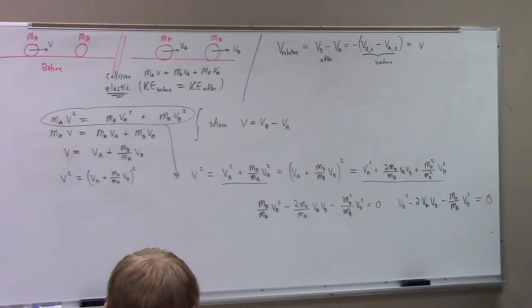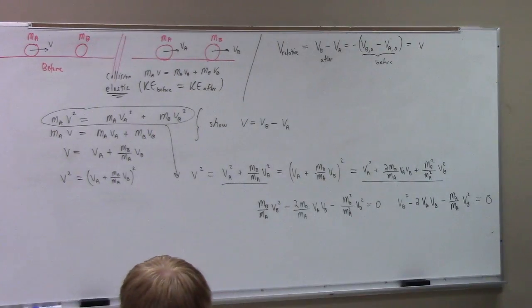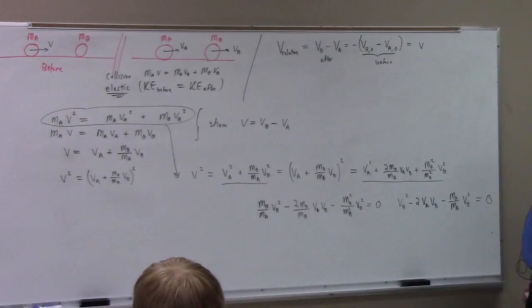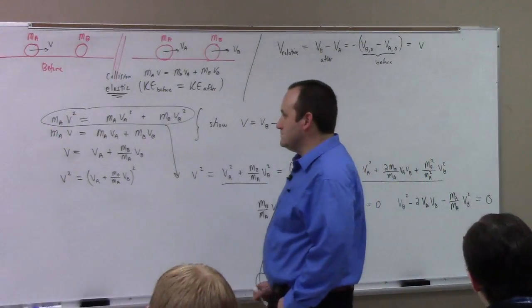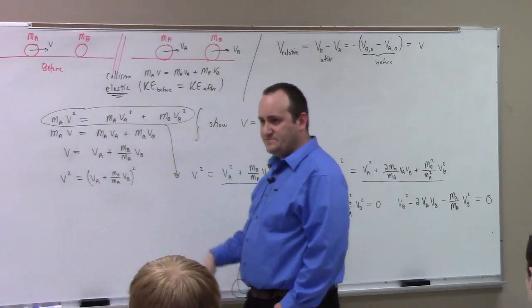Now if VB is equal to 0, then what's the deal? I think if VB is equal to 0, we can come back and solve these equations easier, right?